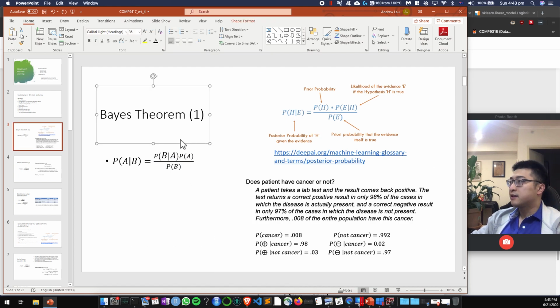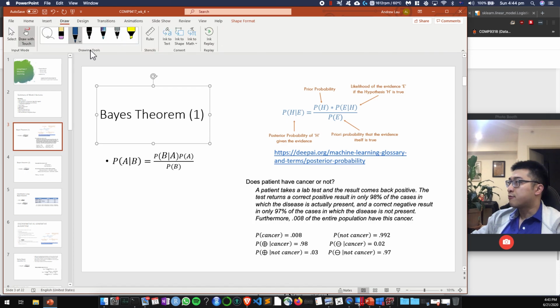But the thing to keep in mind with Bayes' theorem, and why it's so powerful, is that it allows you to swap around these two, right? If you have the probability of A given B, it allows you to turn it into an expression where it's the probability of B given A. And this can be powerful.